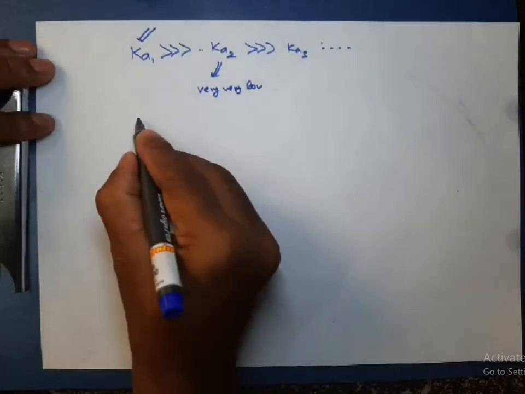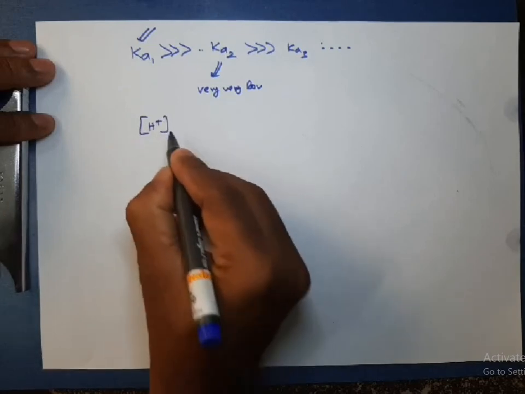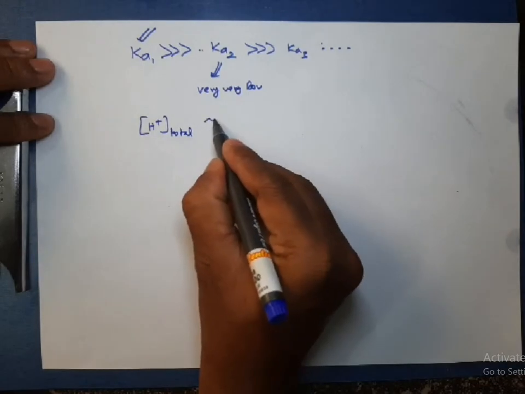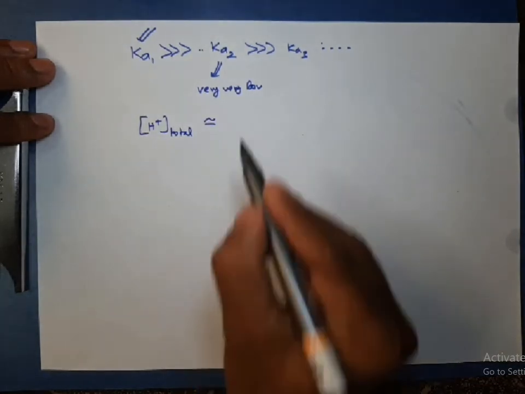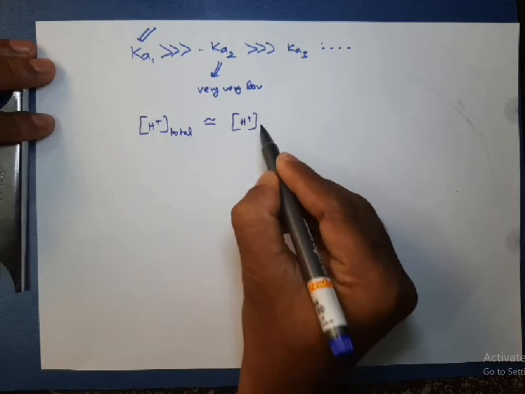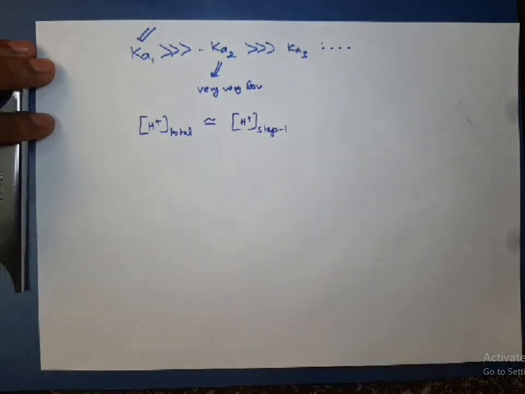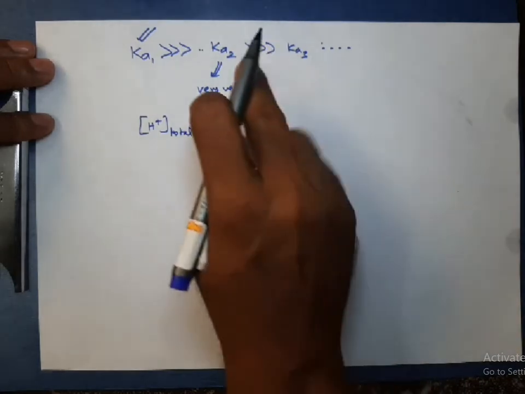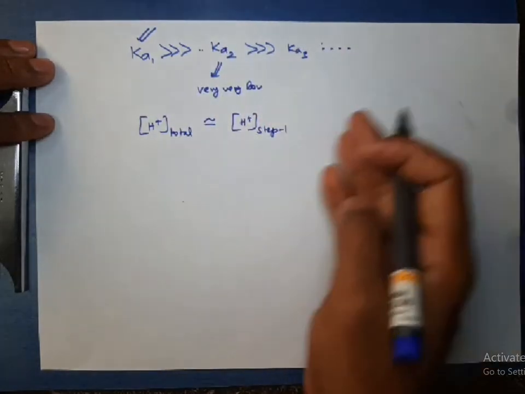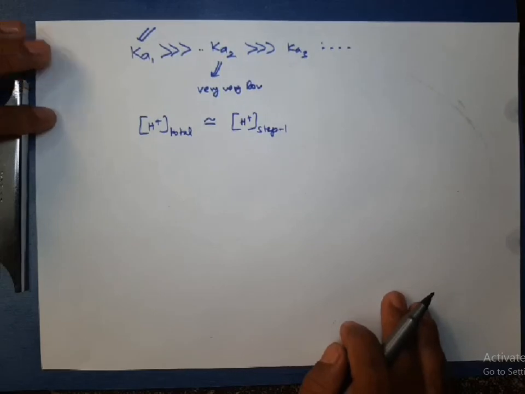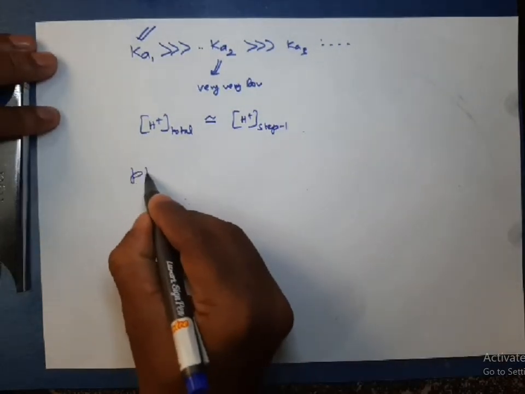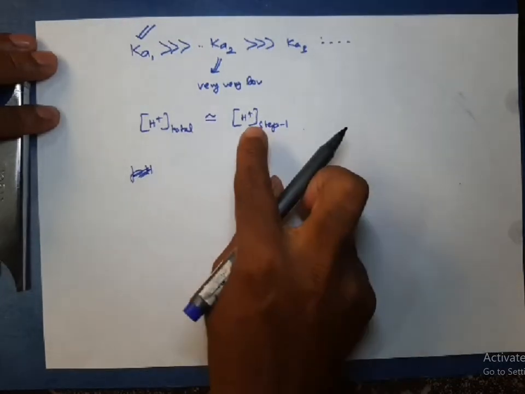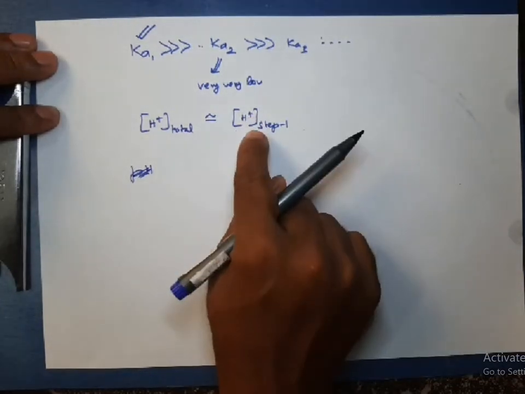Therefore I can say that the total H+ ion concentration in the solution is approximately equal to the H+ ion from step 1 alone. You need not worry about the other steps. Therefore it is enough to find the H+ ion concentration from the first step.